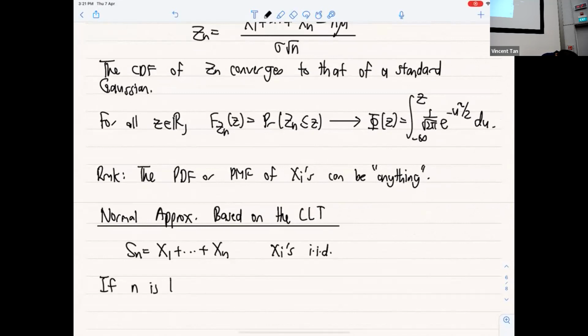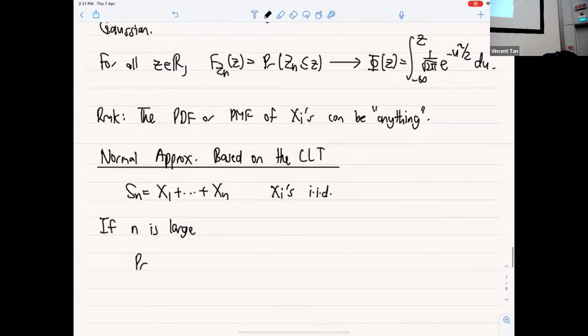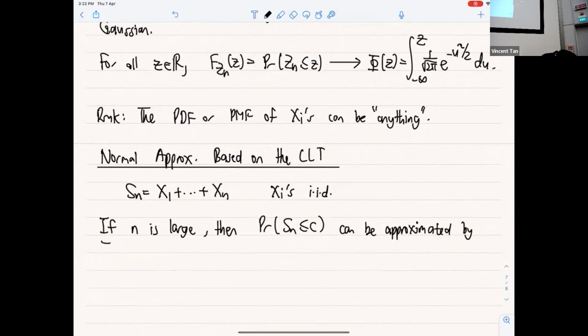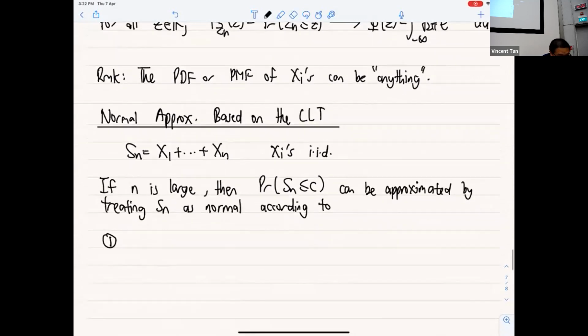If n is large and we are interested in the probability that Sn is less than some value c, then let me write this in proper English. If n is large, then this can be approximated by treating Sn as a normal random variable, or Gaussian random variable, according to step 1.